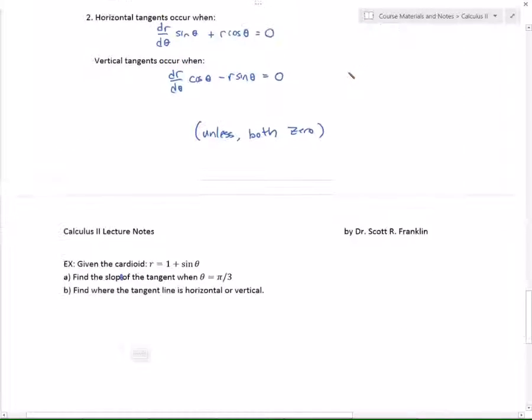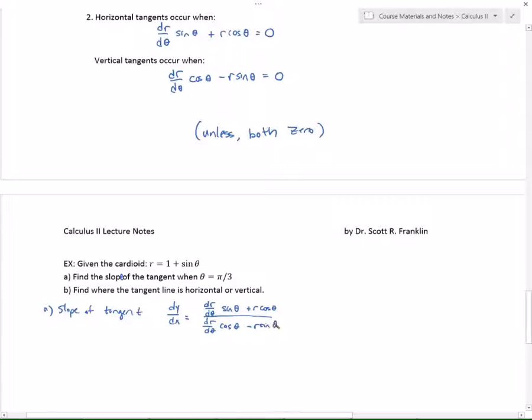In our case, slope of tangent, which we call dy dx, is dr d theta sine theta plus r cosine theta divided by dr d theta cosine of theta minus r sine theta.